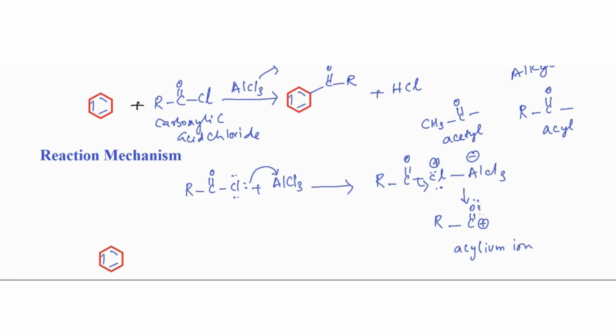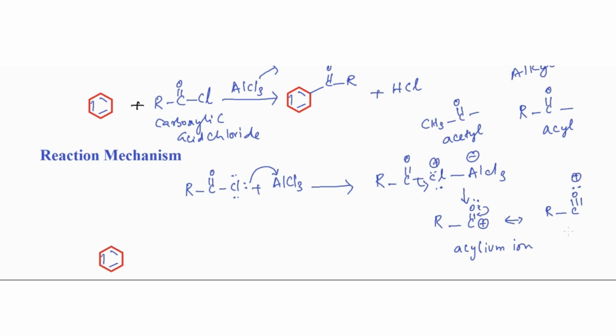Now this one is not that much stable. Why? The reason is the carbon is having a sextet. So this lone pair will come here and it forms like this. Now this oxygen will get the positive charge.